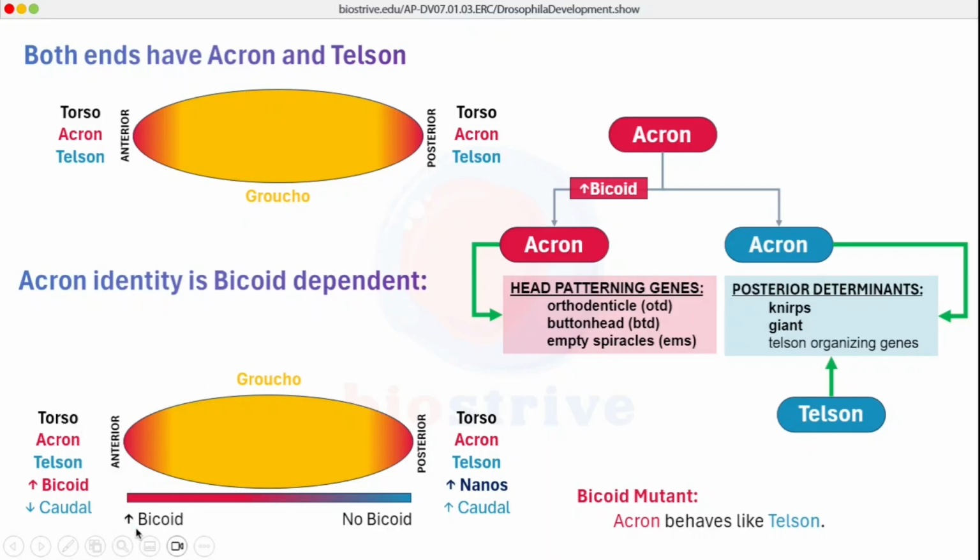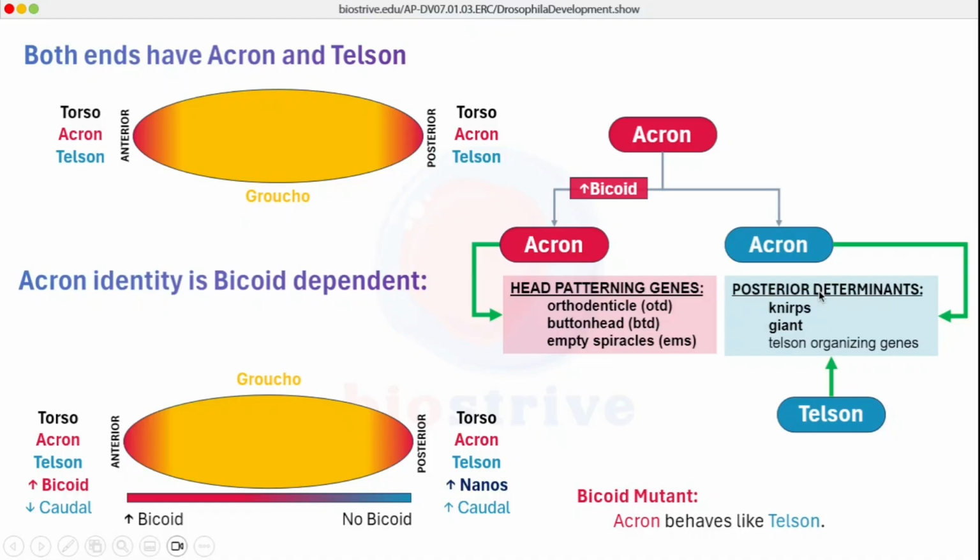If there is a higher concentration of Bicoid, Akron will give rise to head patterning genes, which are orthodenticle, buttonhead, and EMS, empty spiracles, and these head patterning genes will give rise to head and head parts. But at the posterior end, where Bicoid is absent, we have Akron and Telson, but Akron will behave like Telson.